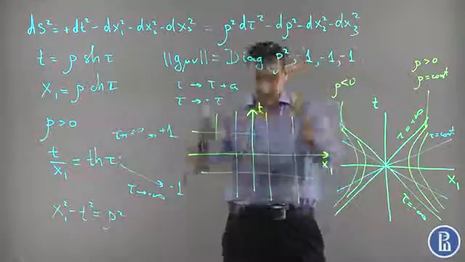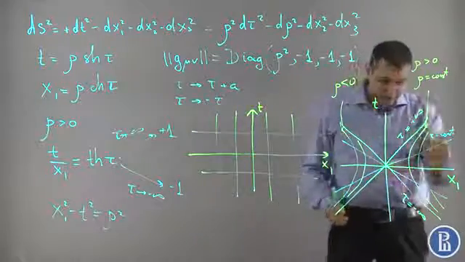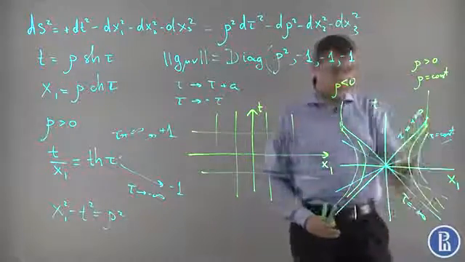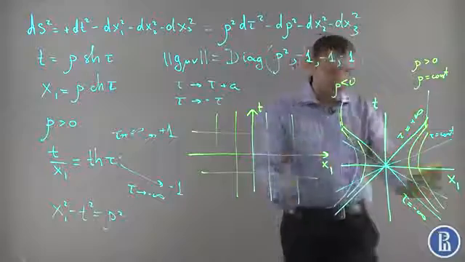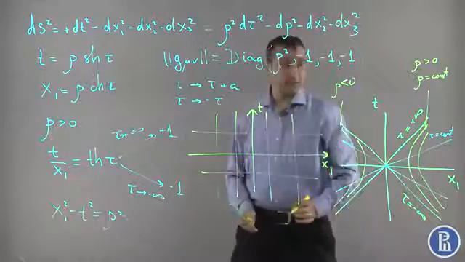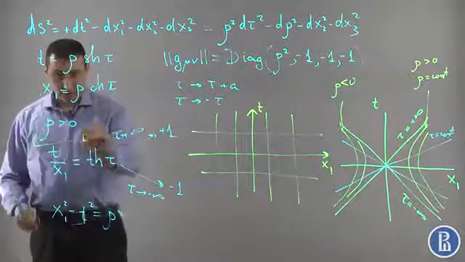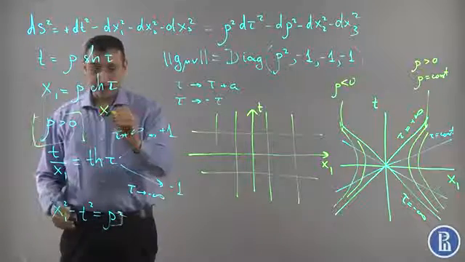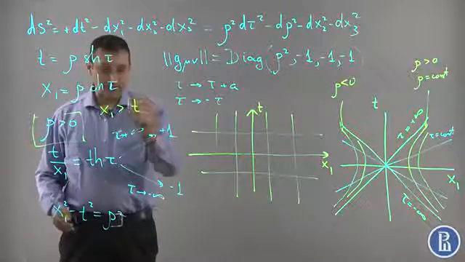So from the rectangular coordinate lattice, we have obtained this kind of strange lattice, which covers only these parts of the entire space-time. The reason for that is when rho is greater than 0, it is not hard to see that x1 is greater than modulus of t.